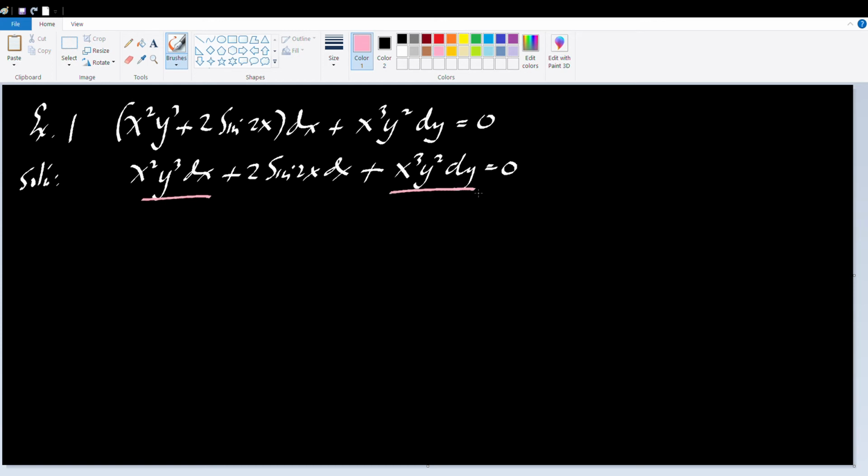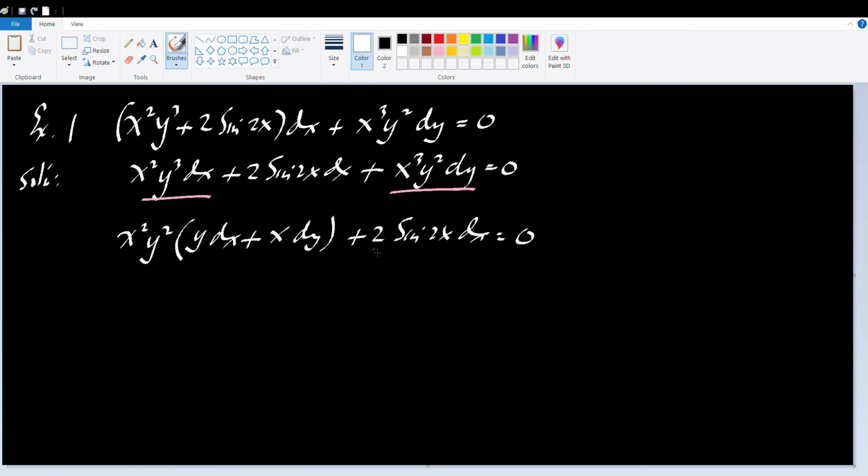Let us group the first and the last term, and we can factor x squared y squared. Factoring x squared y squared from the first and the third terms, we shall be getting x squared y squared (y dx plus x dy) plus 2 sine of 2x dx equal to 0.